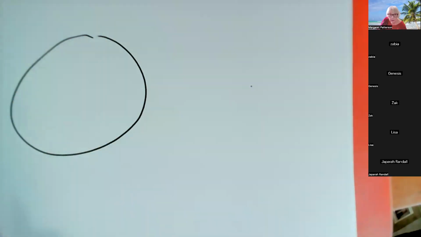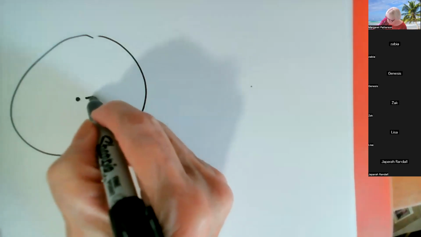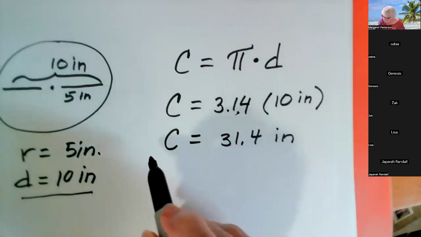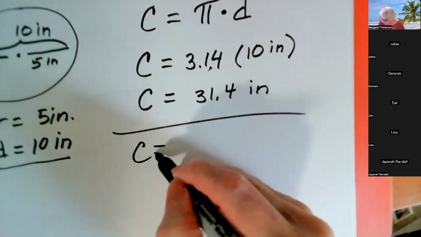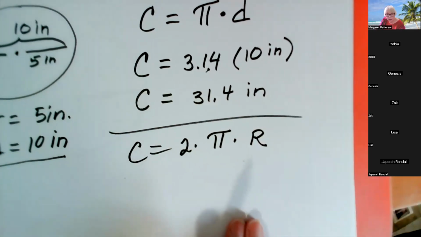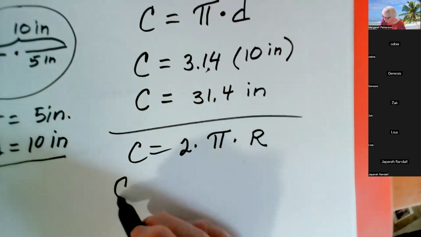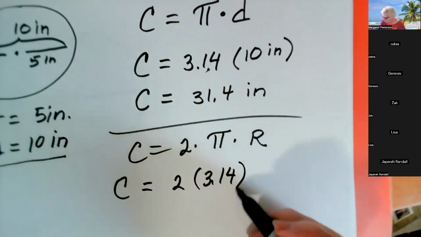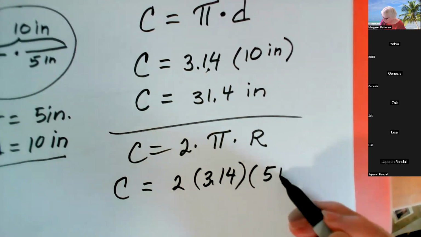So the radius 5, do we not use that one? Yeah, some people learned the other way, which is circumference equals 2 times pi times the radius. That will give you the exact same answer. 2 times 3.14 times the radius 5.